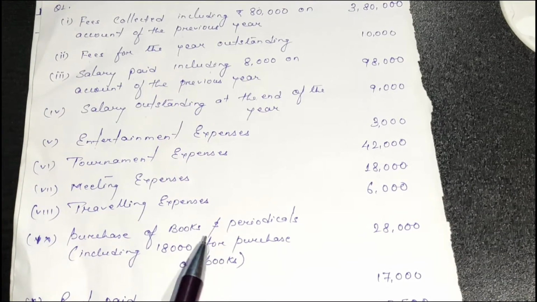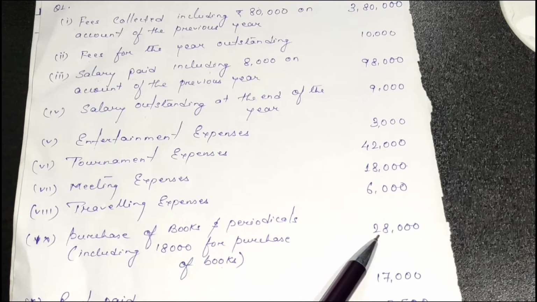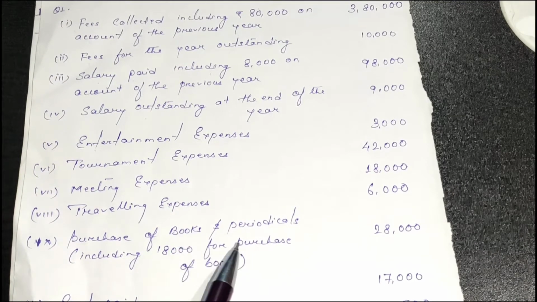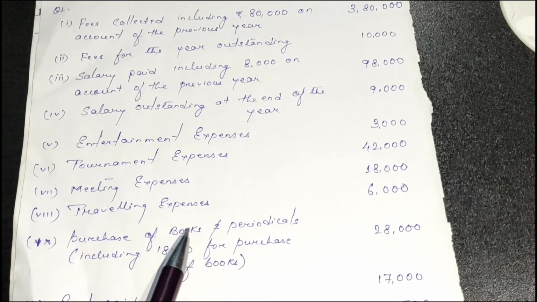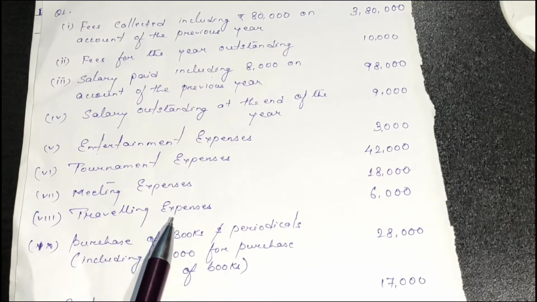So an asset will not be included in your income and expenditure account. From this 28,000 we will have to deduct 18,000, and only 10,000 will be recorded in the income and expenditure account, because purchase of books will not come in your income and expenditure account. Clear? Because it is a capital expenditure.